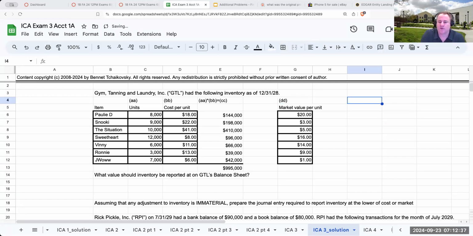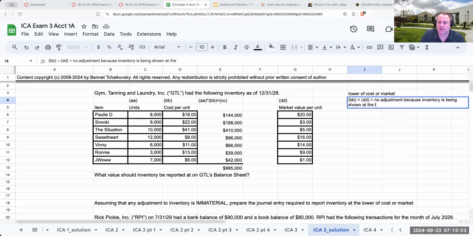So here's what we're looking for. We're doing things at the lower of cost or market. If the cost is less than the market value, no adjustment, because inventory is being shown at the lower of cost or market.